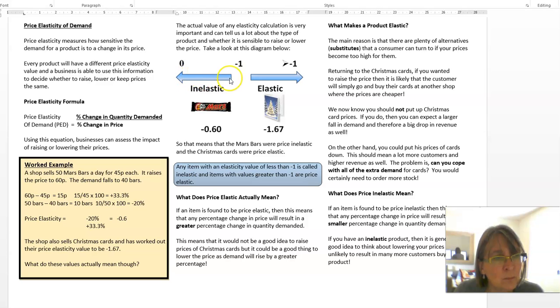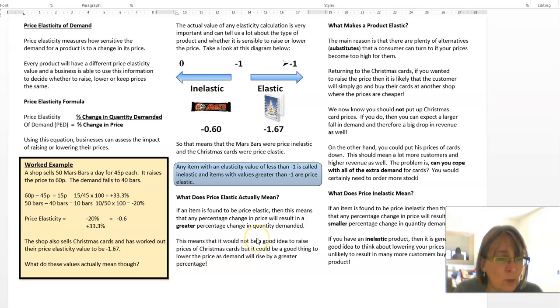When there is a very small change in sales, then it's inelastic. We can change the price and sales don't change. When we change the price and sales change a lot, that is elastic. A value between 0 and -1 is inelastic, and a more negative value than -1 is elastic.